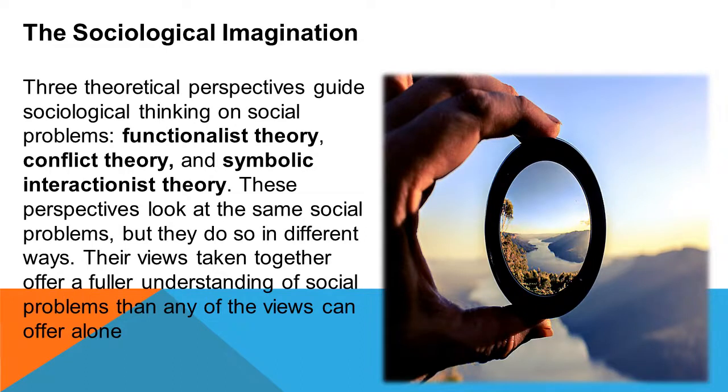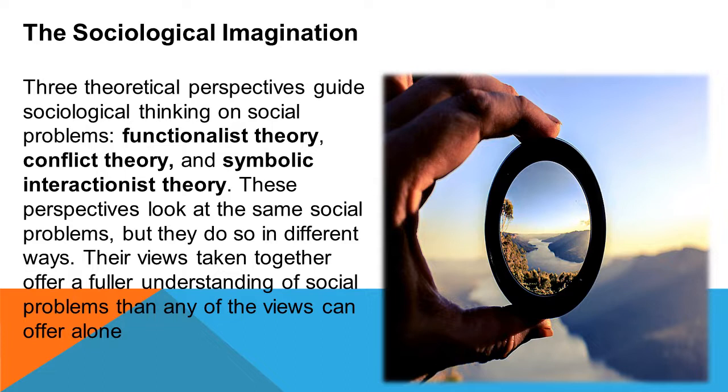The sociological imagination has three theoretical perspectives that guide sociological thinking on social problems. These are the functionalist theory, the conflict theory, and the symbolic interactionist theory.